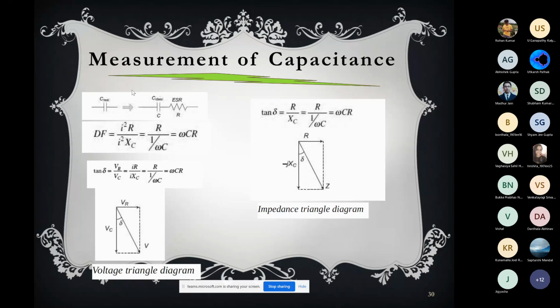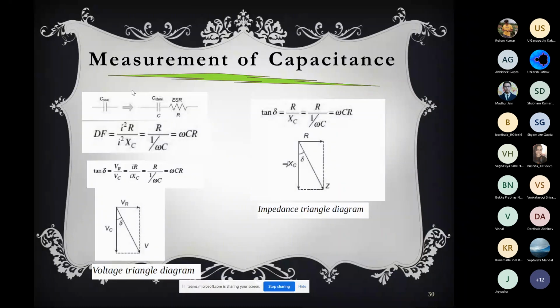Now if you see the triangle of the impedance diagram, R will be on the horizontal axis, then jXC, or j by omega C, or minus jXC, will be 90 degrees downwards, and the impedance Z will be at angle delta with that.